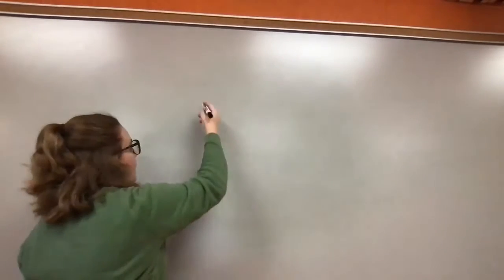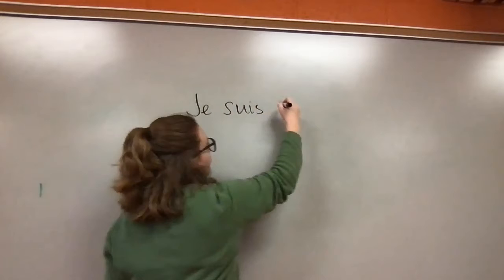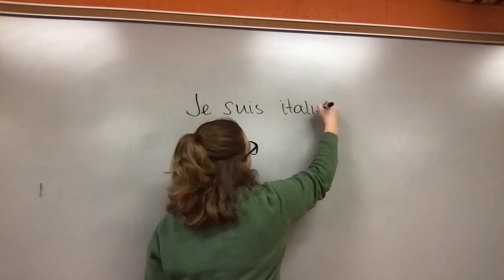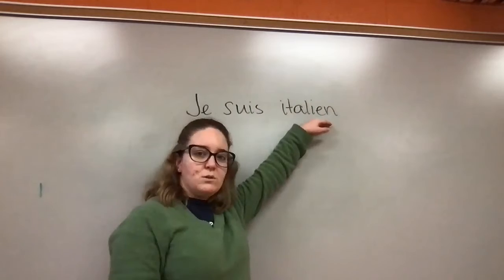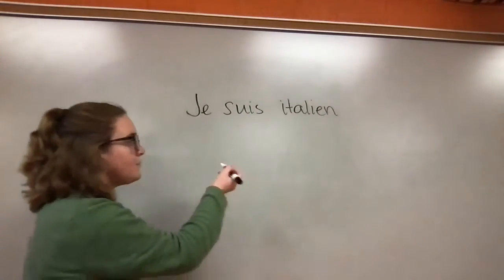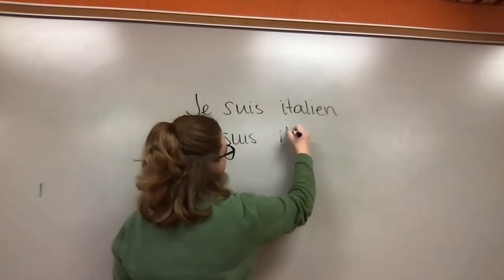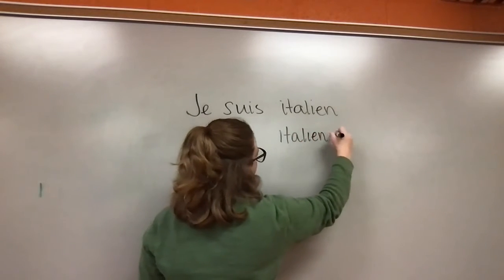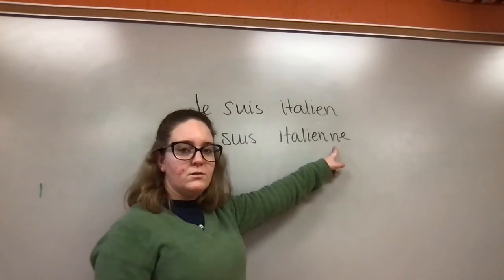So if you say, I am Italian, and you're a boy, then your book gives you this as your base form or your normal form. But if you're a girl, there is a slightly different way to make this one feminine. You have to add another N and an E.